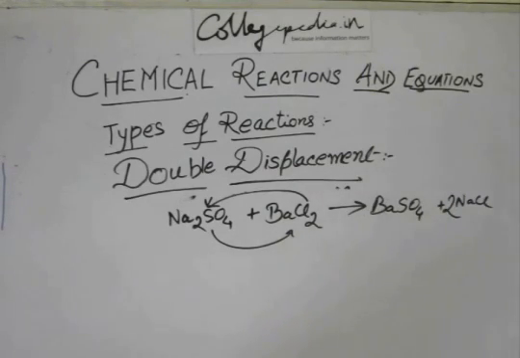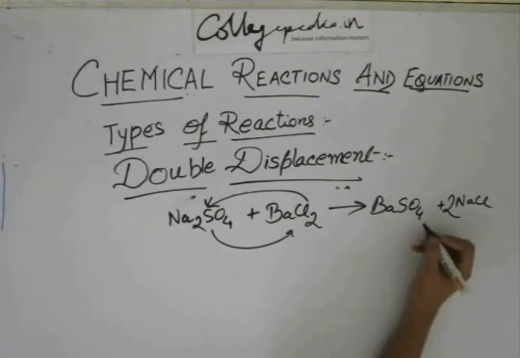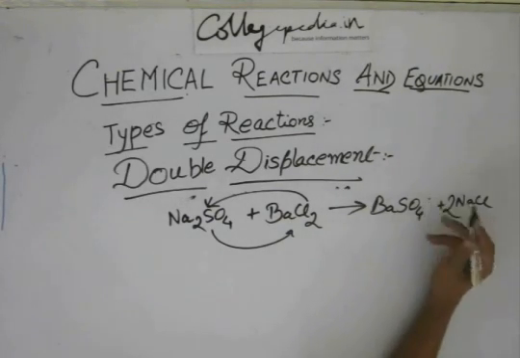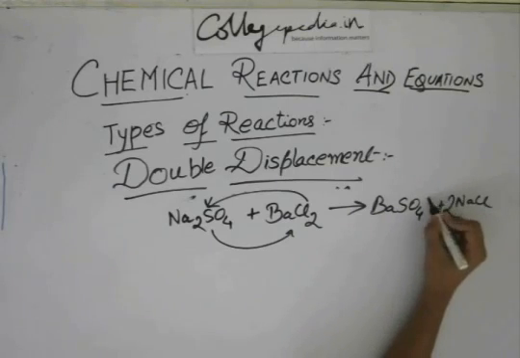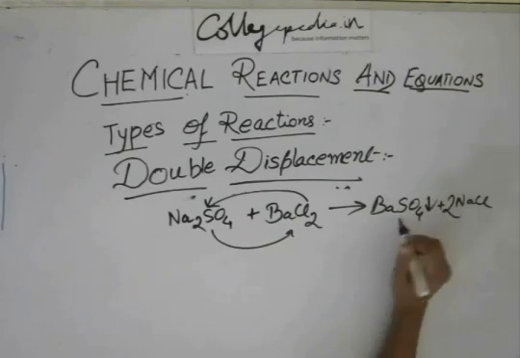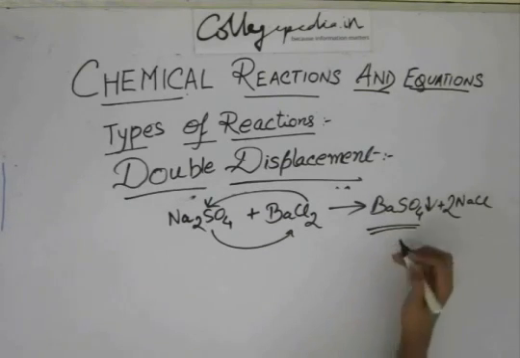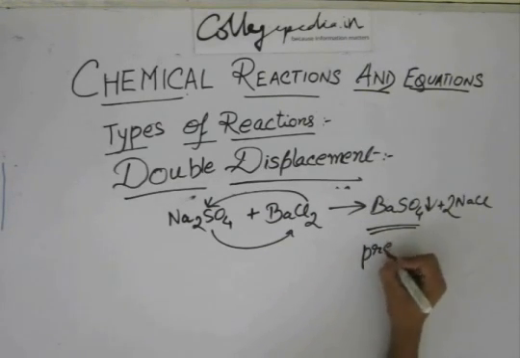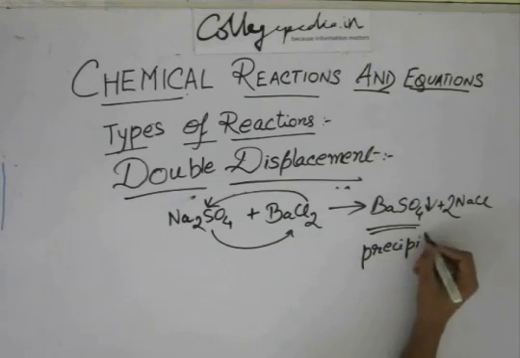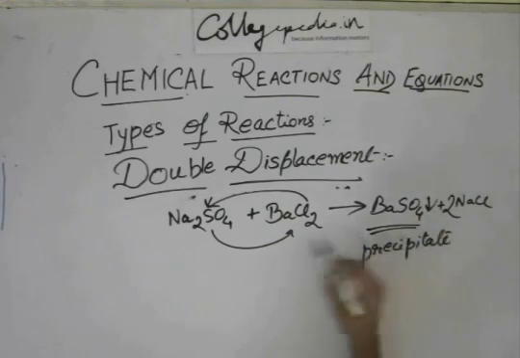You can just check it. And this barium sulfate, it is a white solid substance and it settles down at the bottom of the test tube. And such a substance which settles down at the bottom is called a precipitate. And the reaction is called precipitation reaction.